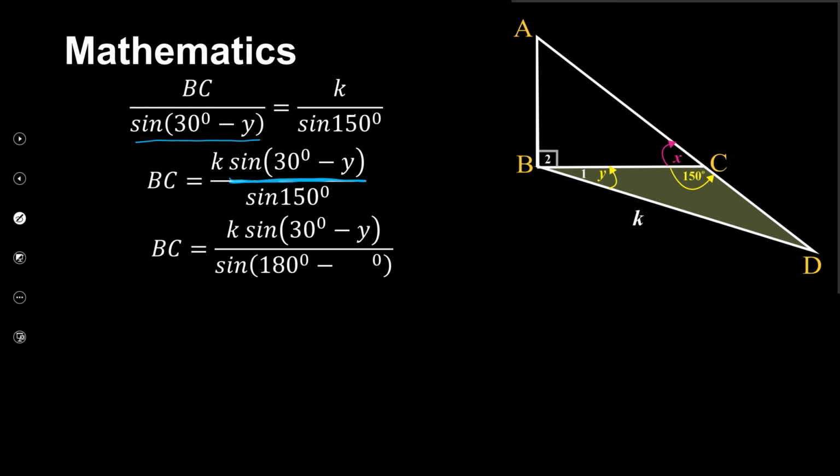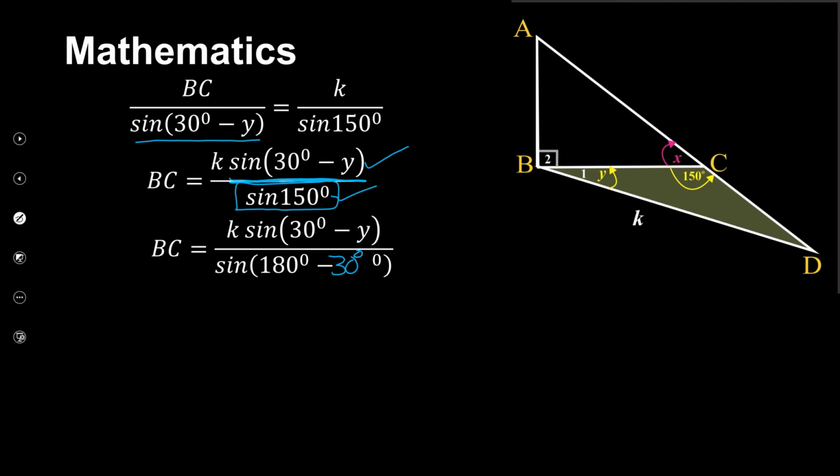But while we're going to split that up, we also have to realize that this bottom angle here is not an acute angle, so we're going to make it an acute angle. And remember, 150 is 180 minus 30 degrees. If you were using the calculator, you could have just found the sine of 150 at this point.